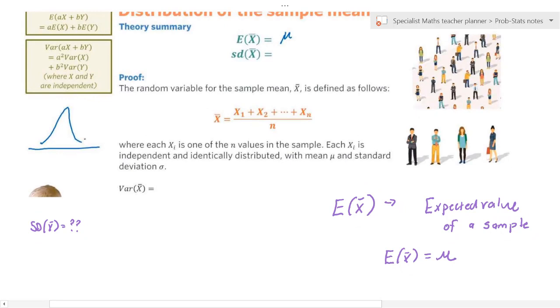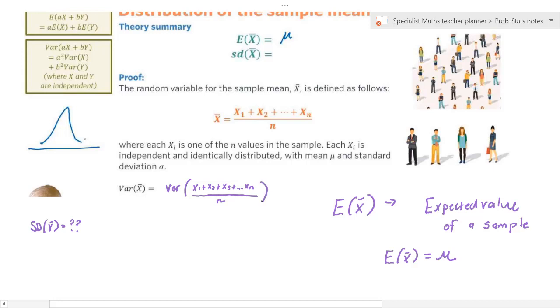First of all, the variance of my sample mean is the variance of (x1 + x2 + x3 + ... + xn) over n.